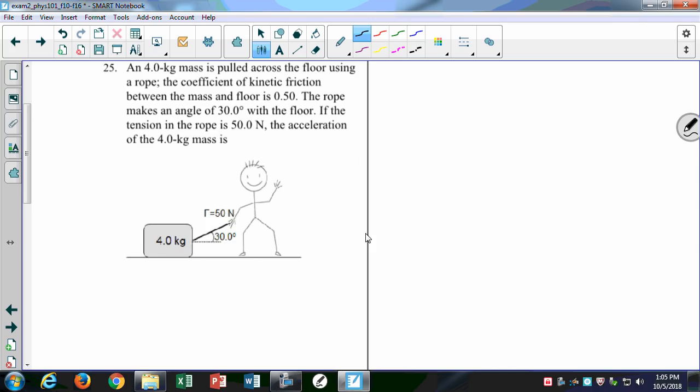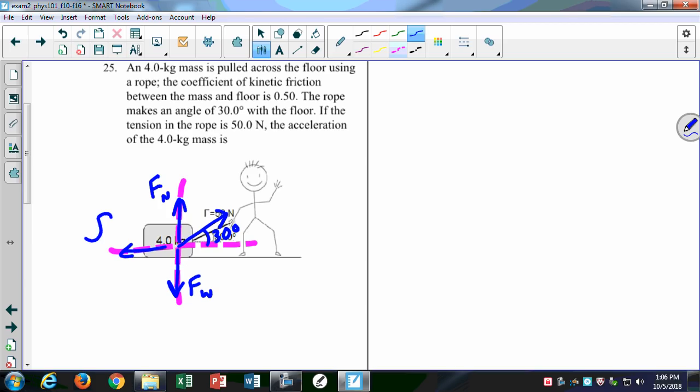So I have this object, and I have forces acting on it. The force of 50 newtons is right here at 30 degrees, and I have a weight, Fw, and I have a normal force, Fn, and I have a frictional force, Fk. This is my 50 newton force here. I'm going to resolve those forces onto their x and y axes.